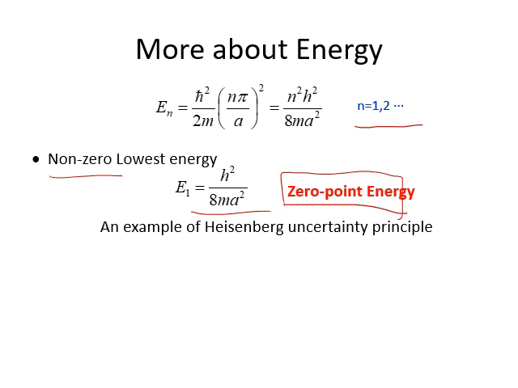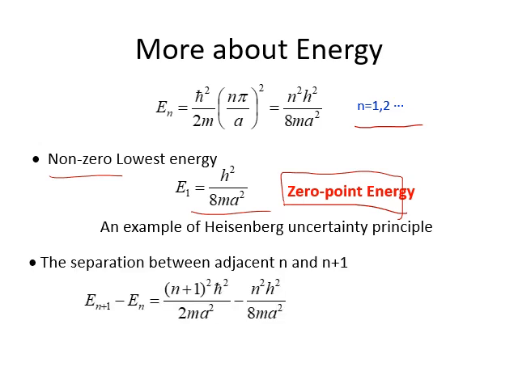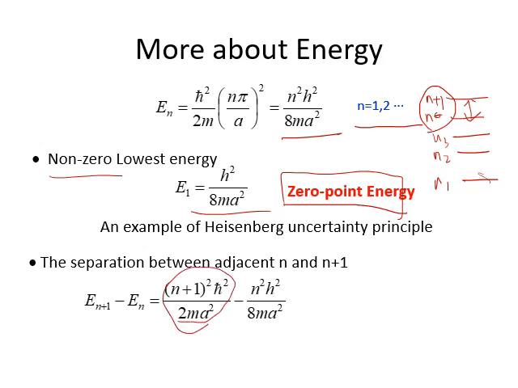So what about the separation between two energy levels? If you draw the energy levels, this is n equals 1, n equals 2, n equals 3. In between these two, for example, this is n and this is n plus 1. For the difference, you use this equation: that's the energy for n plus 1, and this is n.